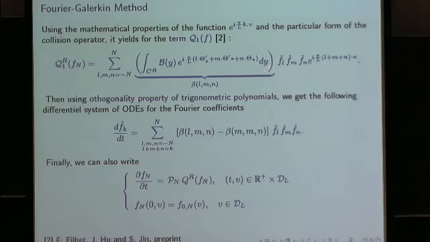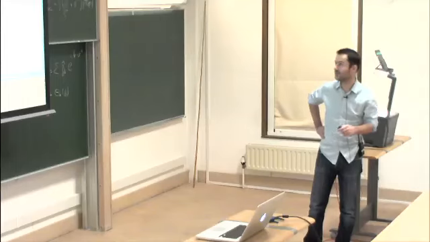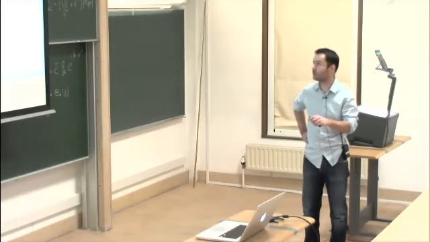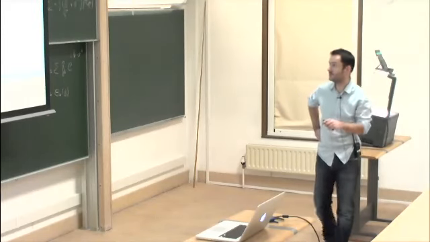Since the collisional operator Q1 is cubic, you have a sum over L, M, and N, which are multi-integers actually, of the coefficient beta of L, M, and N times the Fourier coefficient of f, and times a trigonometric polynomial which is given here.